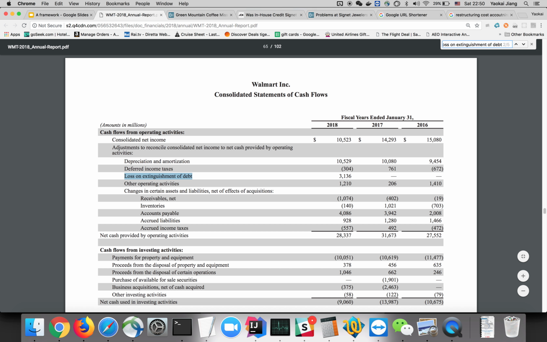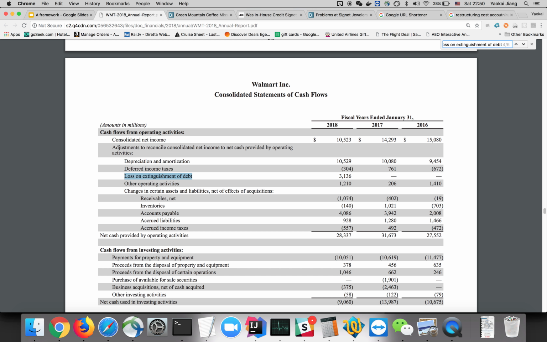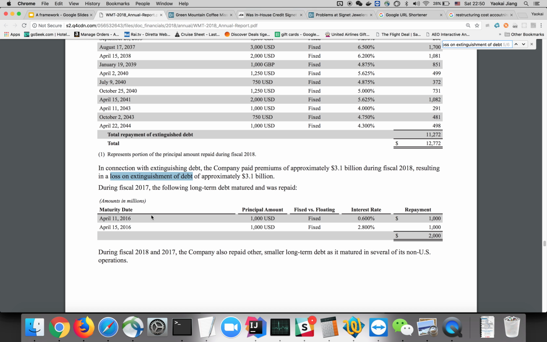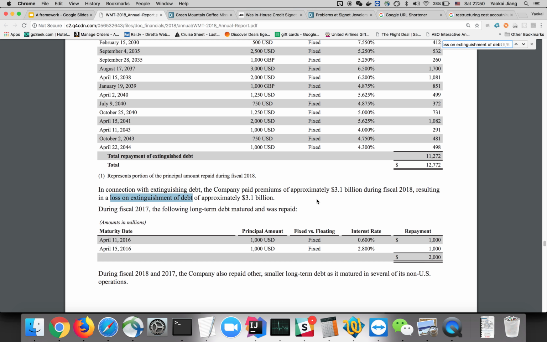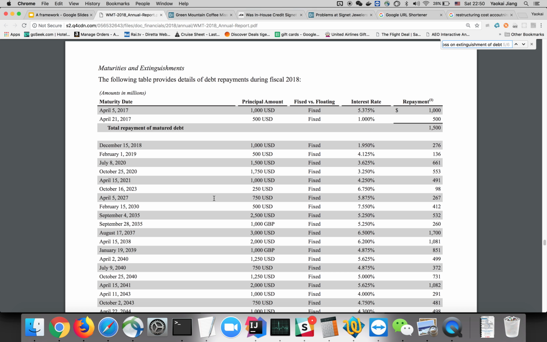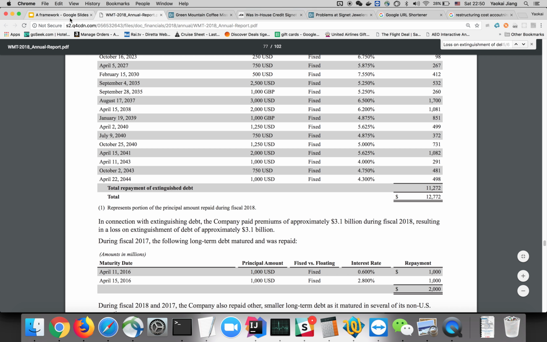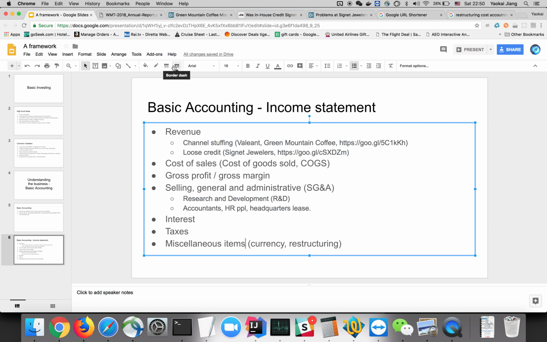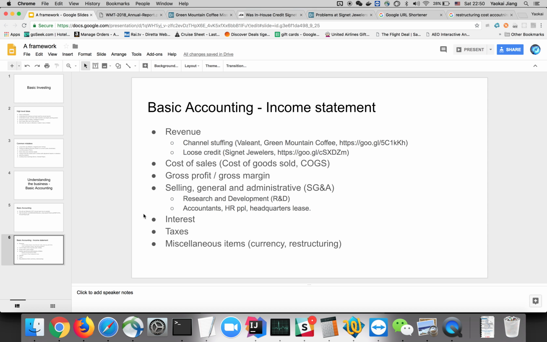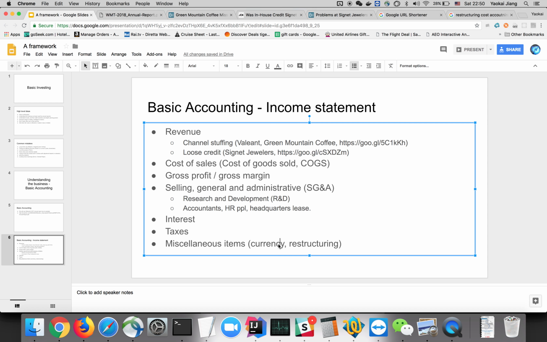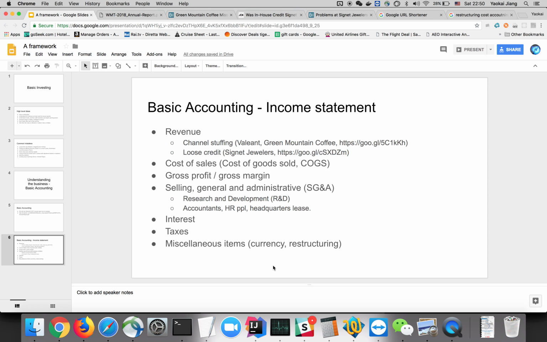Not exactly sure what that involves, but typically these are like one-off items or miscellaneous things, and they also include like currency fluctuations, when currency exchange rates impact the earnings.